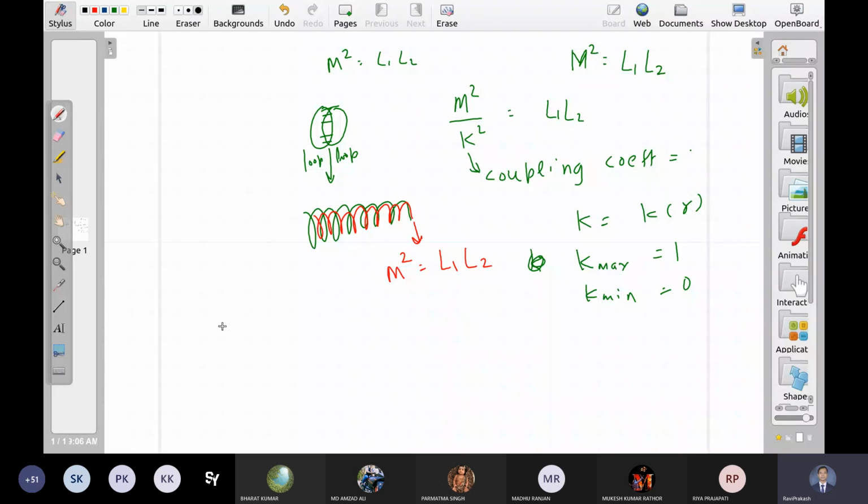But if we have some other case, like both the planes are perpendicular, then the k factor will come. Depends on how they define k first, right? We don't have much idea of k. So either give me the reading material, I'll search this formula on the net and we'll see what k is.